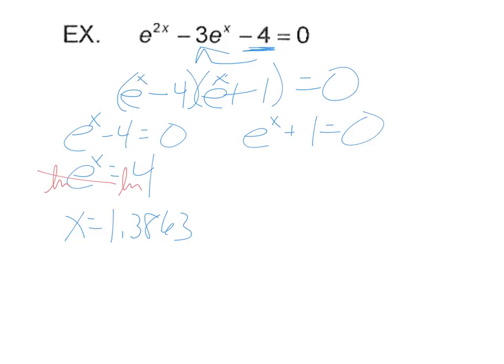On the other one, we're going to subtract 1, so e to the x equals negative 1. Natural log both sides. Now, if you put that in your calculator, natural log of negative 1, you get an error because the natural log or the regular log of negative numbers or of 0 are undefined.